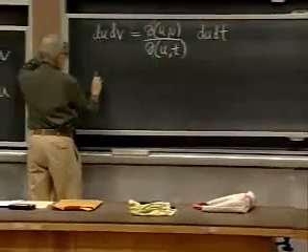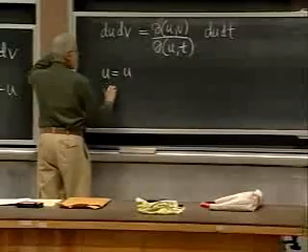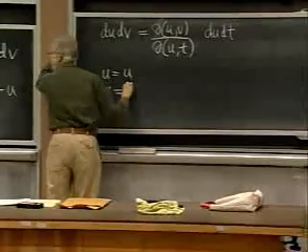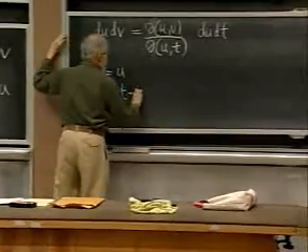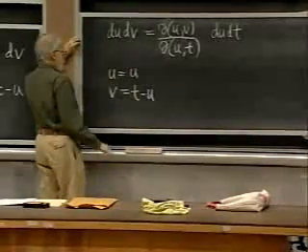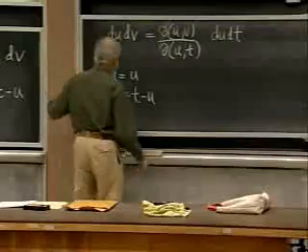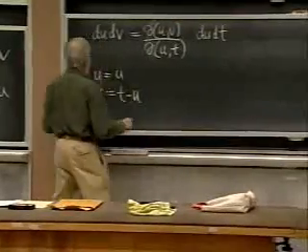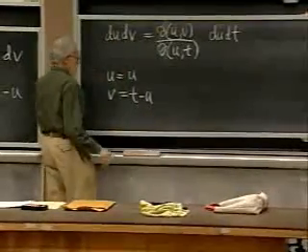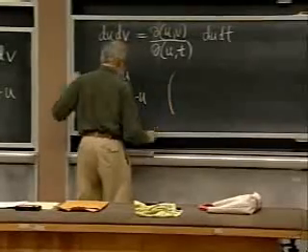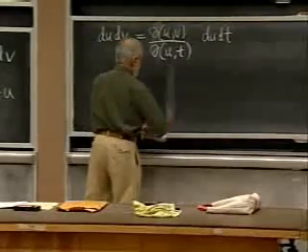So to calculate that, you write u equals u, v equals t minus u. And then the Jacobian is the determinant of the matrix of partial derivatives.